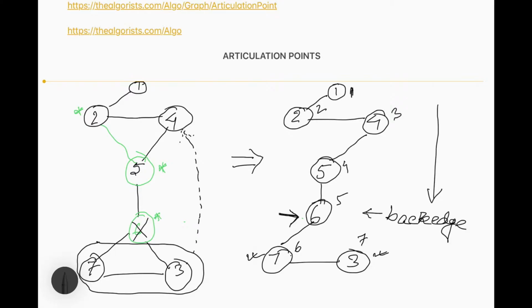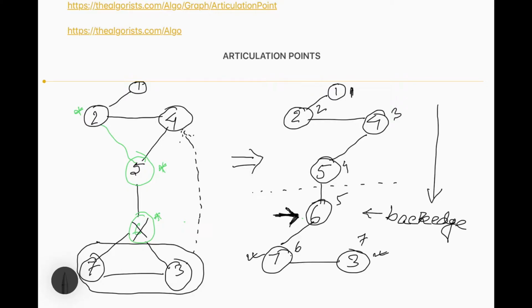From here, at any point of time, whichever is the current node, we will have to see if any of its descendants connect to a node which has already been discovered.